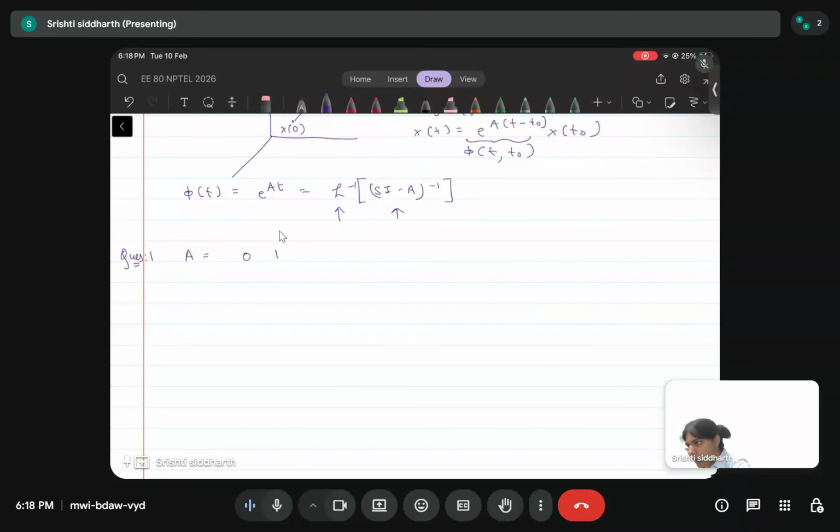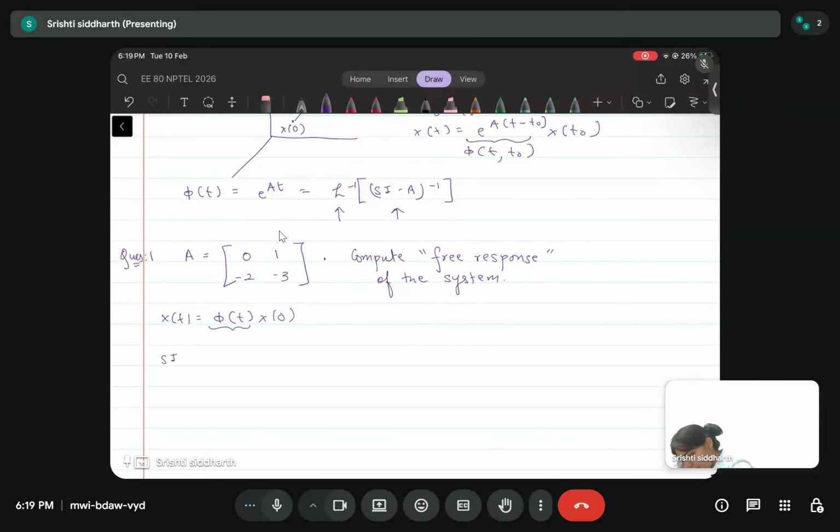A is 0, 1, minus 2, minus 3. While computing the free response, we will not need the vector B. So we have A. To compute the free response, we need the state transition matrix and some initial conditions. So let's compute phi.